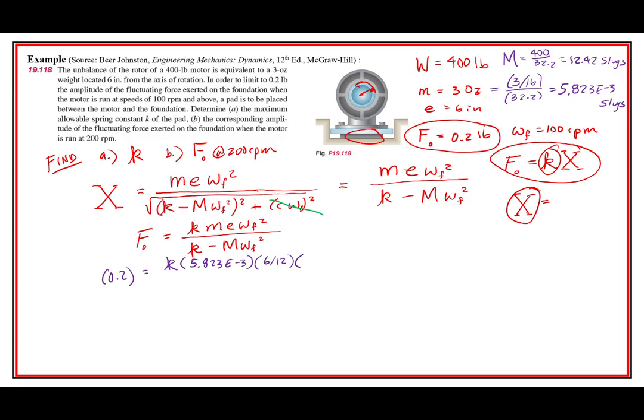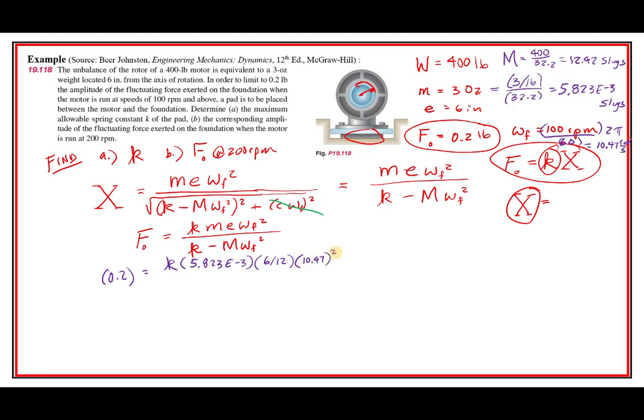So if we multiply, no, we've got to divide by 60. Yeah, divide by 60, and multiply by 2 pi. And we end up with 10.47 radians per second.